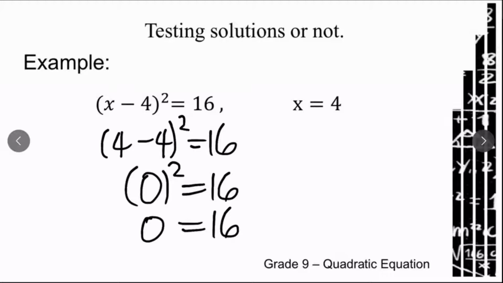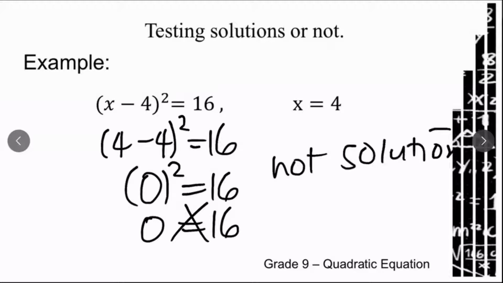As you observe, 0 is not equal to 16; they don't satisfy each other. Therefore, they are not equivalent. Meaning, x = 4 is not a solution of the given quadratic equation.